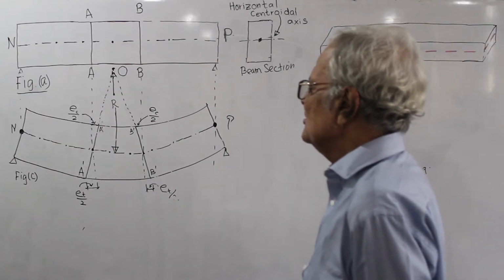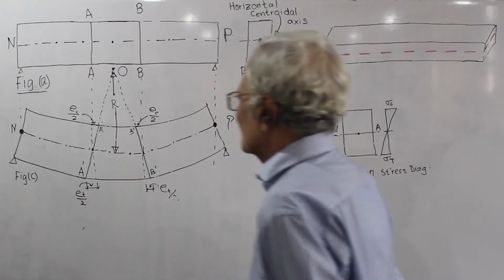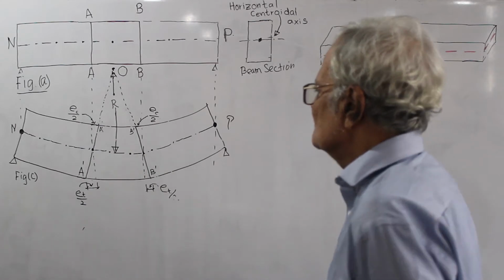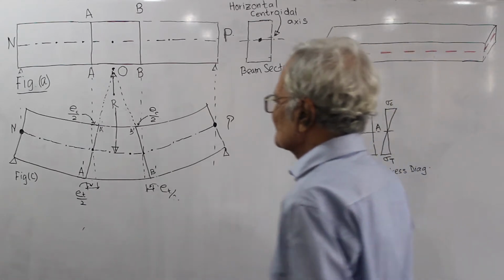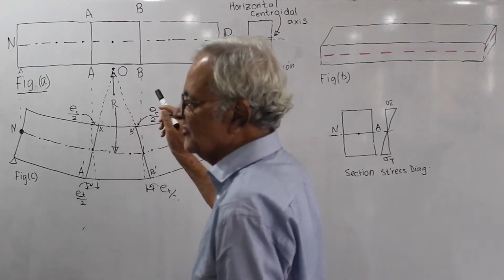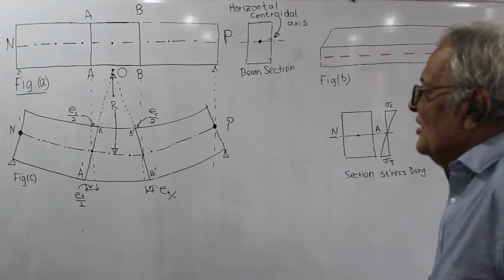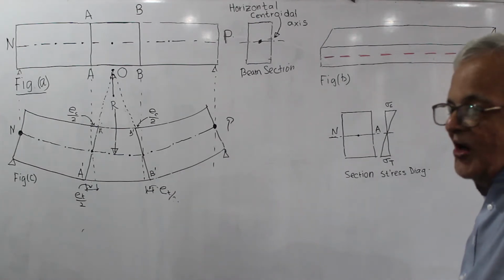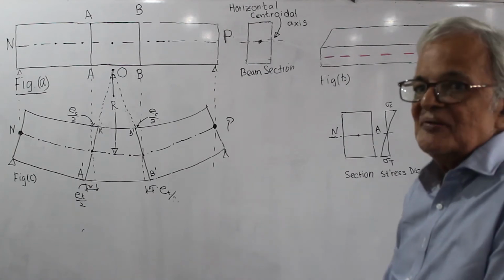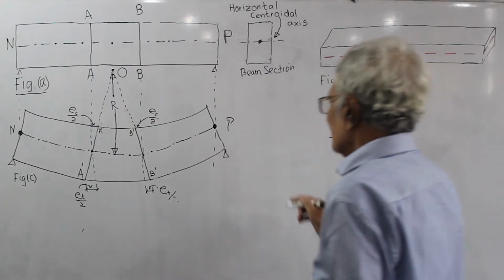We also see that at the top, AB has contracted. AB has become shorter by an amount EC. Therefore, the strain in AB at the top is EC divided by AB, equals epsilon C, say.